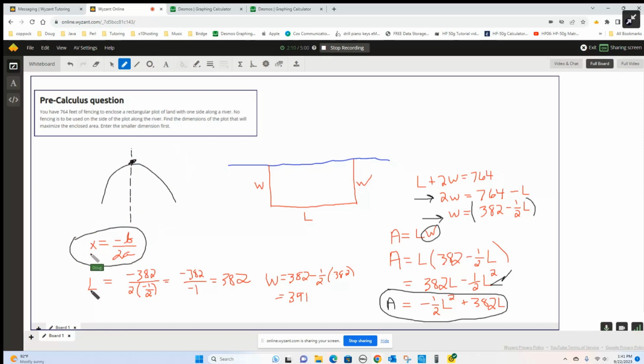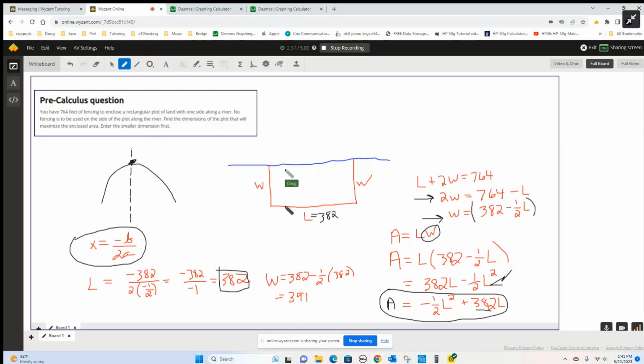So since L is the independent variable, the opposite of B would be the opposite of 382 over 2A. A is negative 1/2. 2 times negative 1/2 is negative 1.